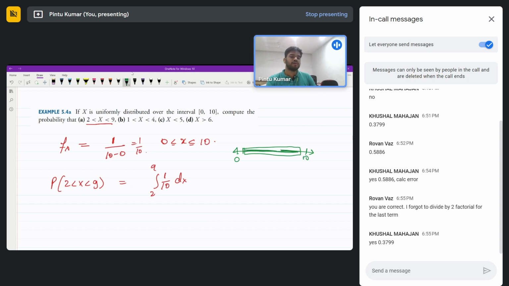Length of this portion will be calculated via this particular integral. So this is nothing but x by 10 in the range 2 to 9. This is 9 by 10 minus 2 by 10, that is 7 by 10.